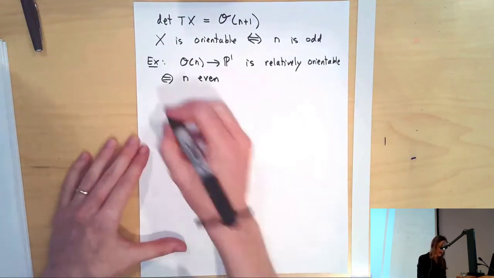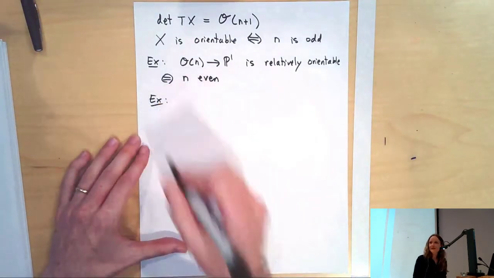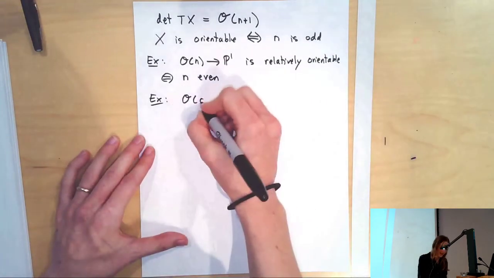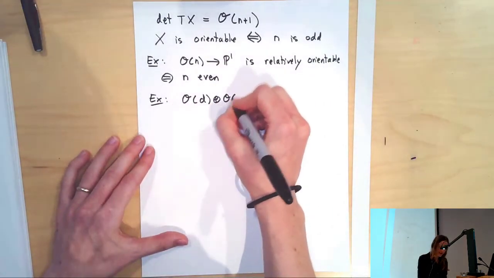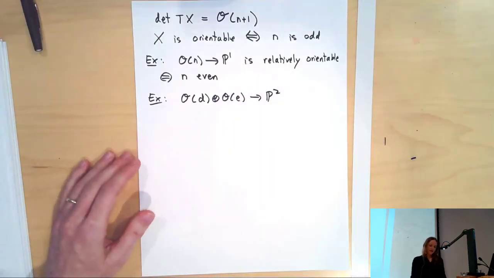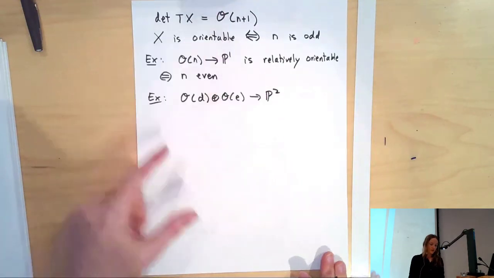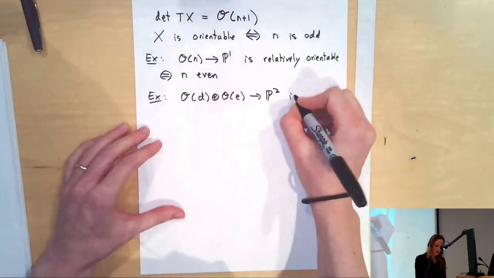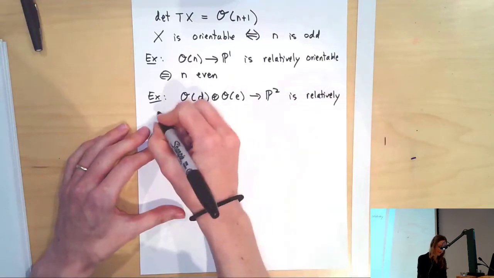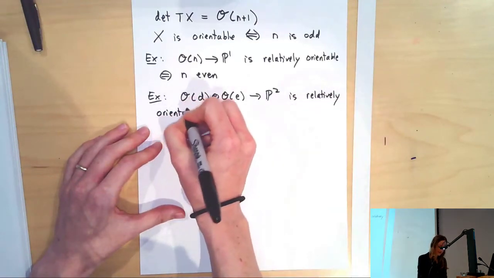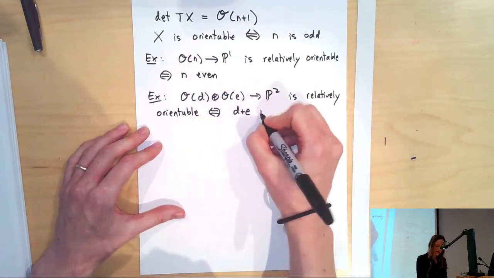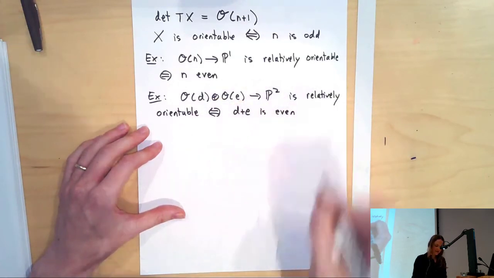Another example, and this example is important for Stephen McKean, who is here. So if we take O of D plus O of E on P2, 2 plus 1 is 3, so this is relatively orientable if and only if D plus E is odd.